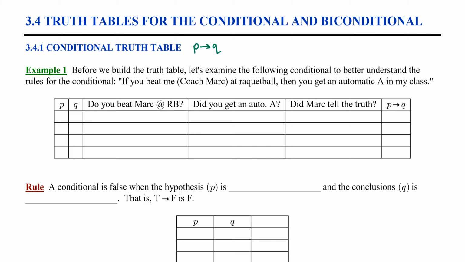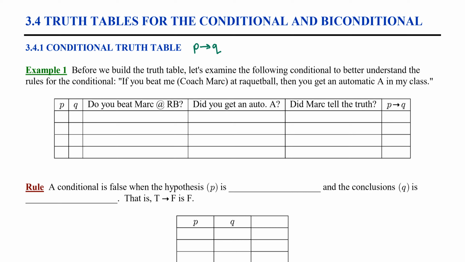And in his syllabus for that particular class, he always challenged his students and he said, if you beat me at a game of racquetball, then you get an automatic A for the semester. Many students challenged him over the years, but no one was able to beat him at racquetball and get that automatic A. But it was always exciting.